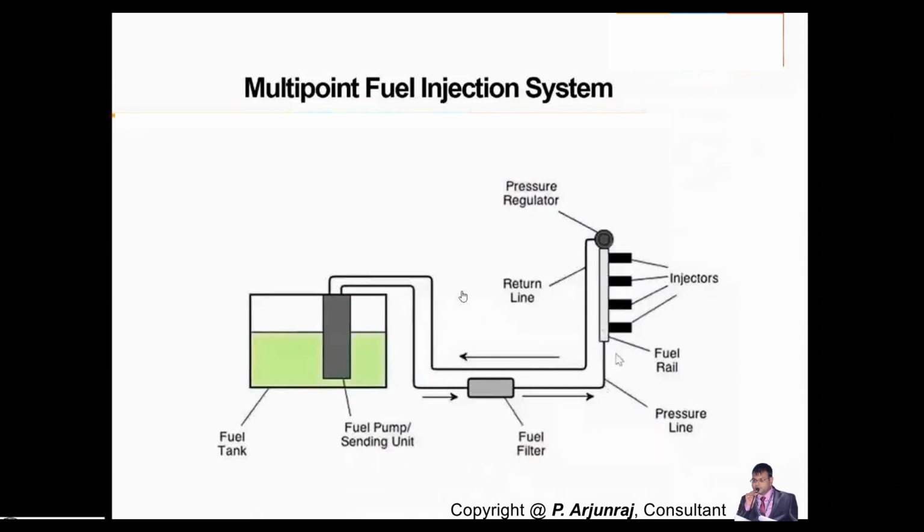Basically, it is high pressure, and it gets injected. Basically, it is 15,000 psi or 1,000 bar, as you call it. It will also vary with respect to different engine configurations. And you have the pressure regulator. It will regulate the pressure. And you have a return line.